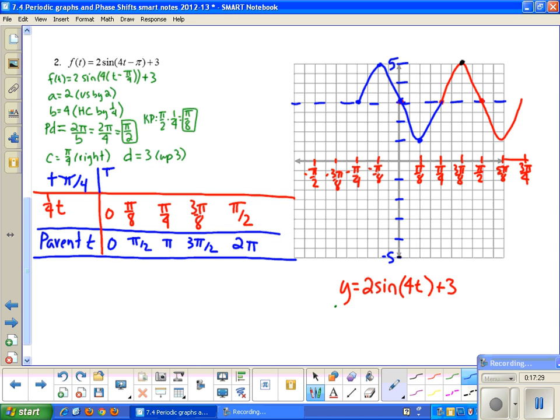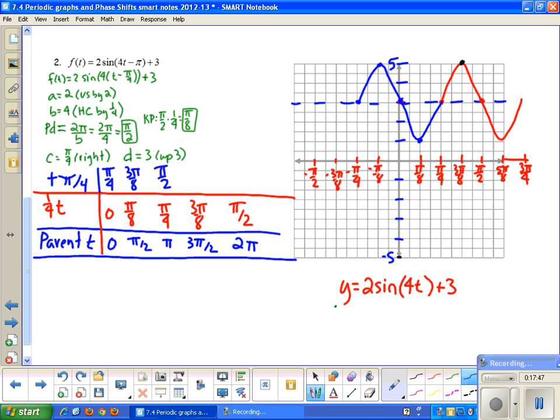So 0 plus pi over 4 is pi over 4. Pi over 4 plus pi over 8, you would need a common denominator, so that would be 2 pi over 8 plus pi over 8 is 3 pi over 8. And then the next one would be pi over 4 plus pi over 4 would be 2 pi over 4, which is pi over 2.